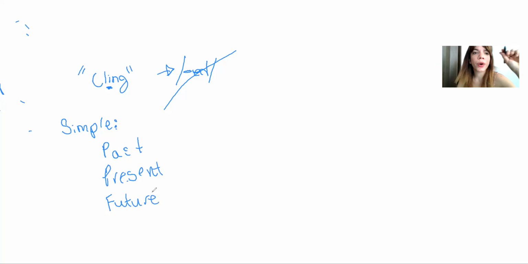Right? So in the simple tenses, you don't use auxiliary verbs to make them. They are simple, okay? So let's do the simple past tense of cling. So I cling is present tense.